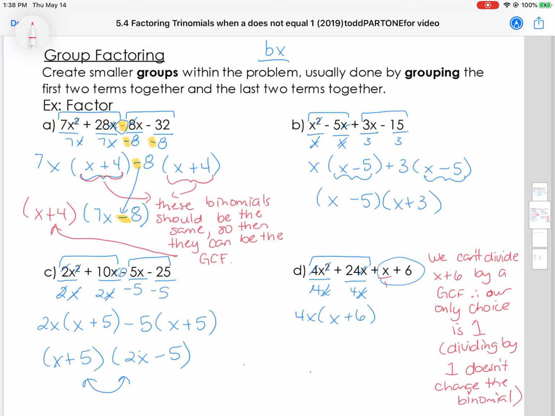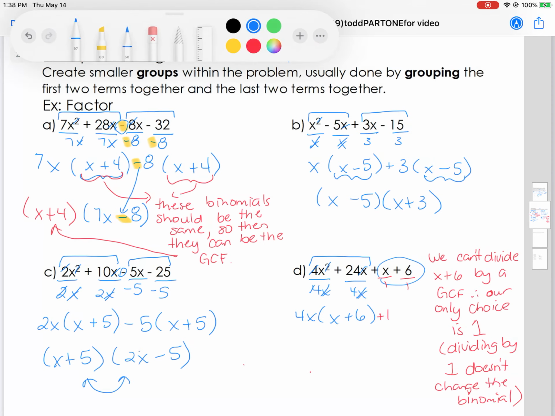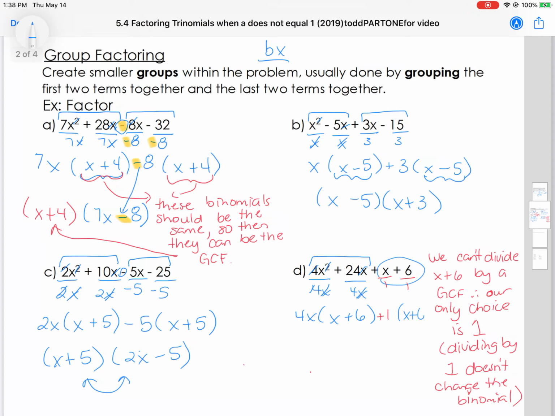So divide by 1, divide by 1. It doesn't change anything because, remember, we want these two to be the same. Okay, so that's a weird little quirk to this. If, let's say it was x minus 6, then you could divide by negative 1. So that would be a different case. You can do that as well. And I think there's one of those in the homework. Okay, so really that's the only little annoyance to that.